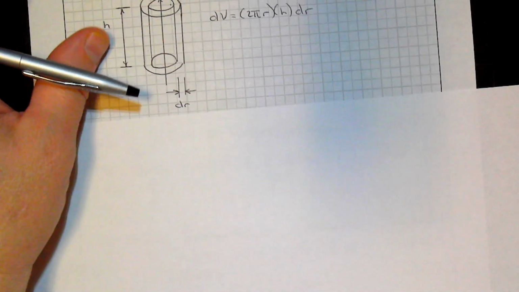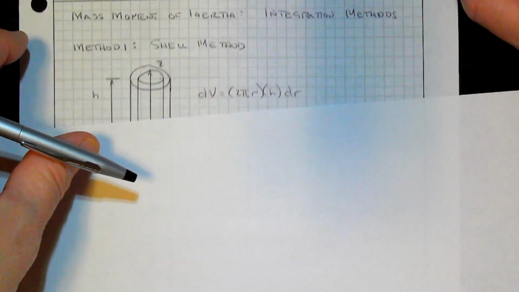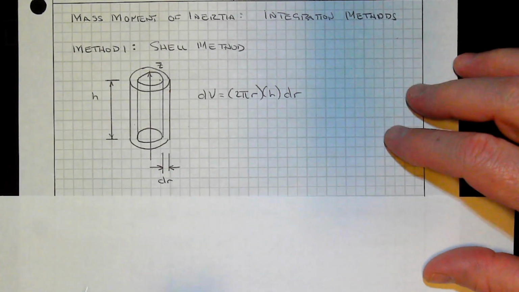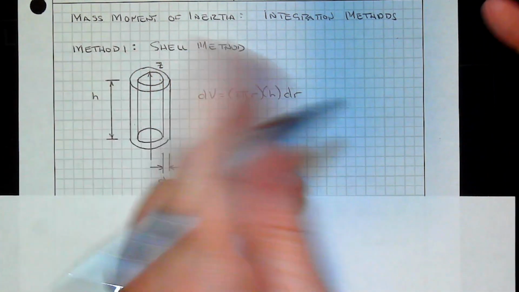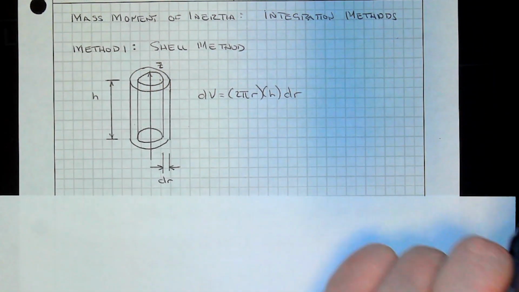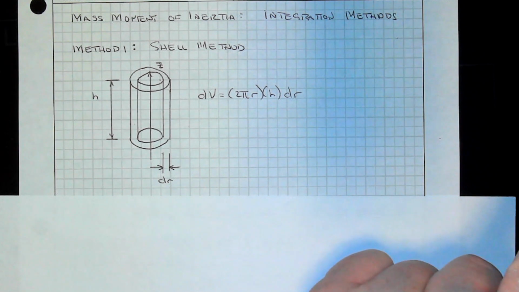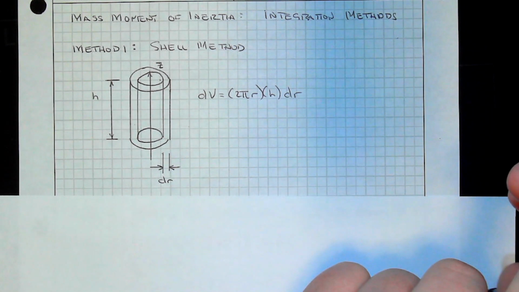All right, it's time to start our last section relative to mass moment of inertia, and that involves integration methods. So what all have we accomplished? We've done area moment of inertia, introduced the concept, we did it by composite parts, we looked at the integration.